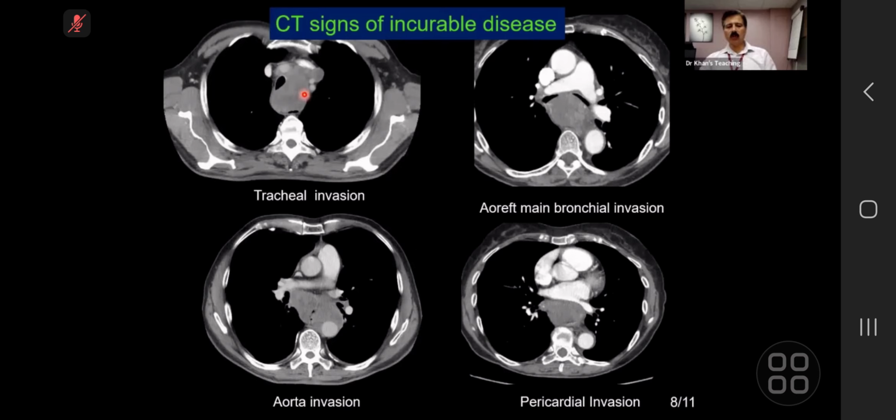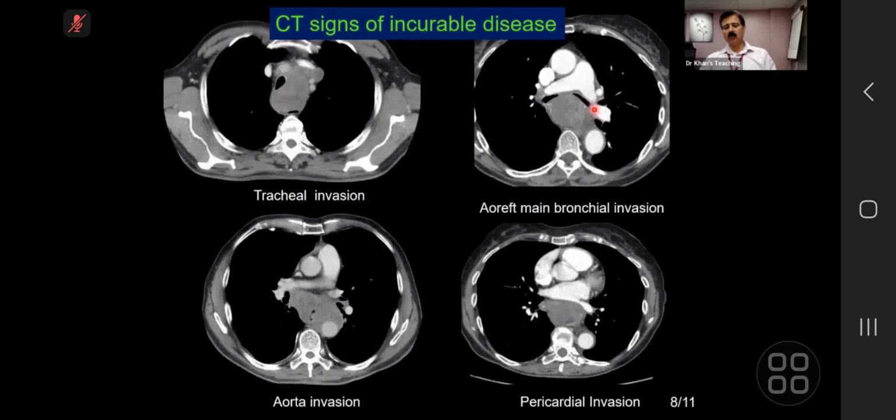In a very large tumor, signs of tracheal invasion. So if there is posterior indentation or anterior displacement of the trachea, you can raise that on a CT criteria, I'm worried. Please remember that our sensitivity and specificity is not as good as EUS. But these are the CT criteria, right?